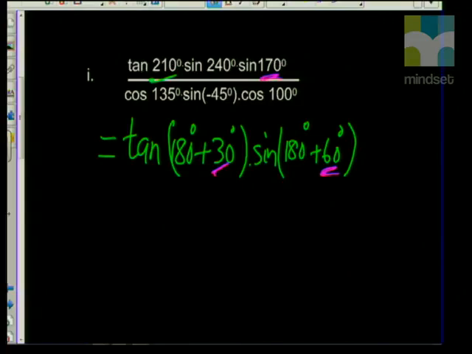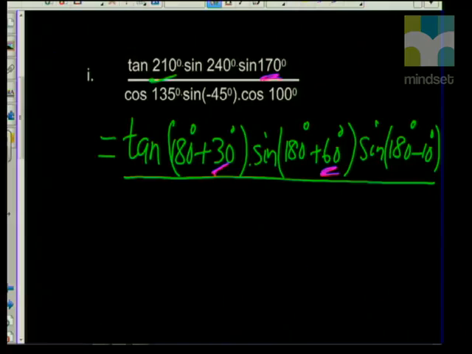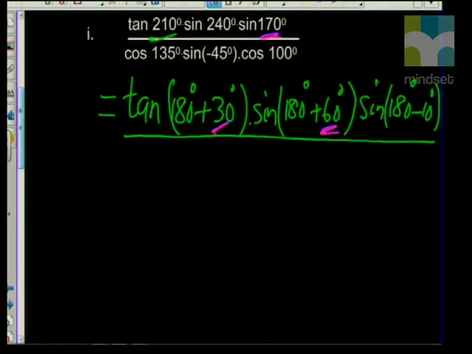So now we proceed with this question. I get sine of 180 degrees minus 10 degrees, all divided by cos of 135, which is 180 degrees minus 45, times.